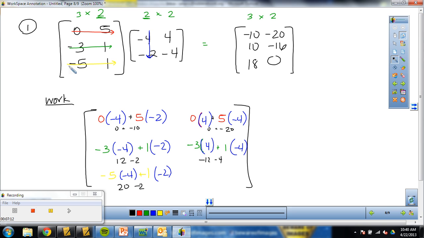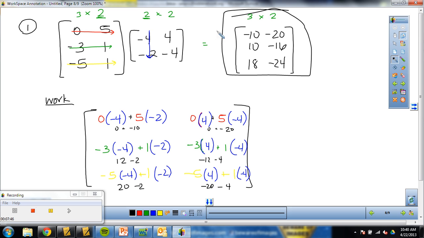And last but not least, third row, second column, we're going to have negative 5 times 4 plus 1 times, moving down the second column, negative 4. So here again, we do the math. Negative 20 minus 4, and we get a negative 24. And this is our answer matrix.